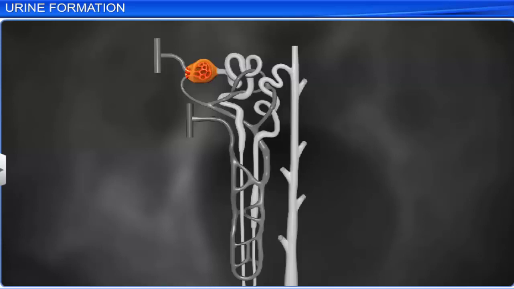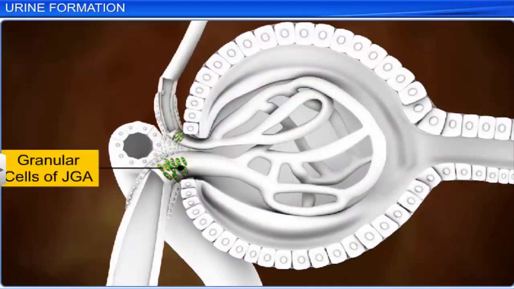The blood pressure in the capillaries acts as a major force in glomerular filtration. Besides, there are certain intrinsic mechanisms in the kidneys that auto-regulate the GFR. The juxtaglomerular apparatus or JGA is one such microscopic structure that regulates the GFR.